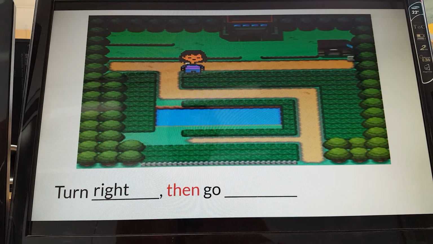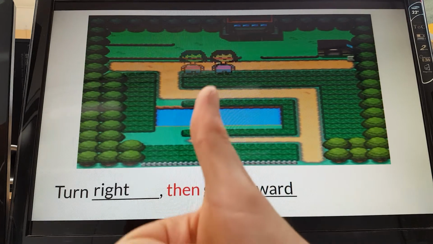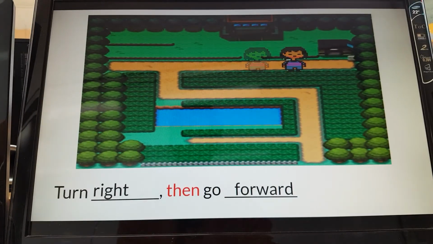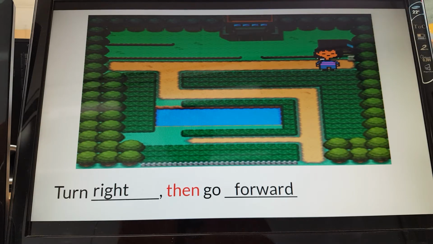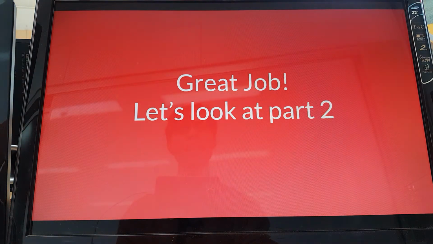So we turn right. And then, what do we say? Good. Then, go forward. That is correct. Ta-da! You have arrived. Great job.